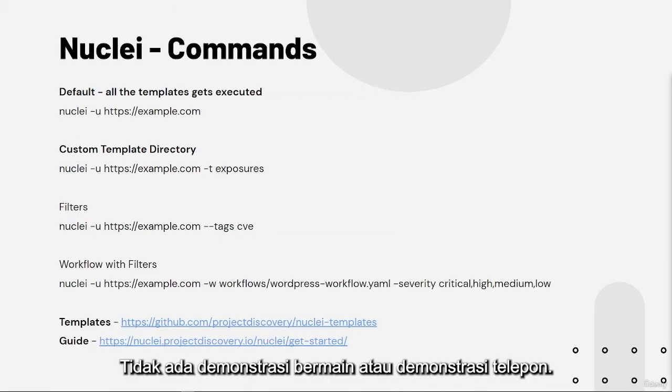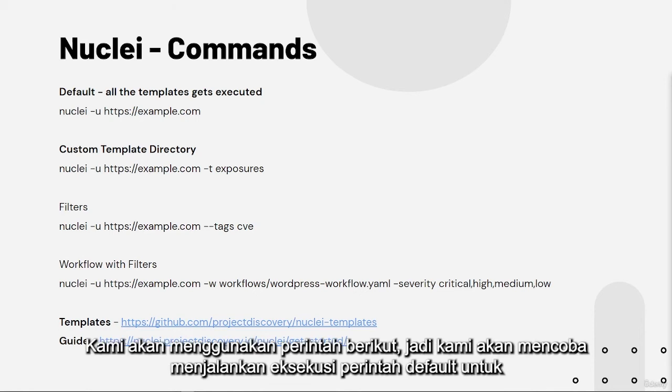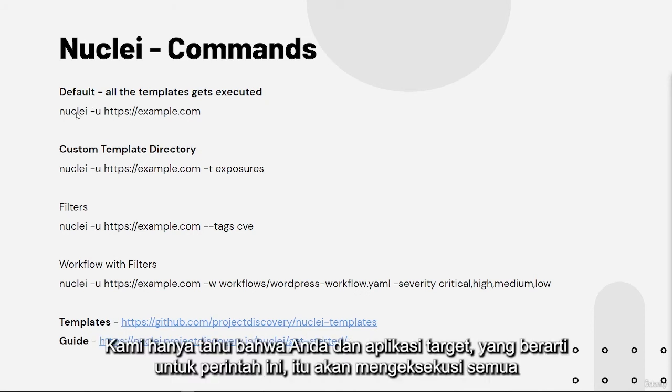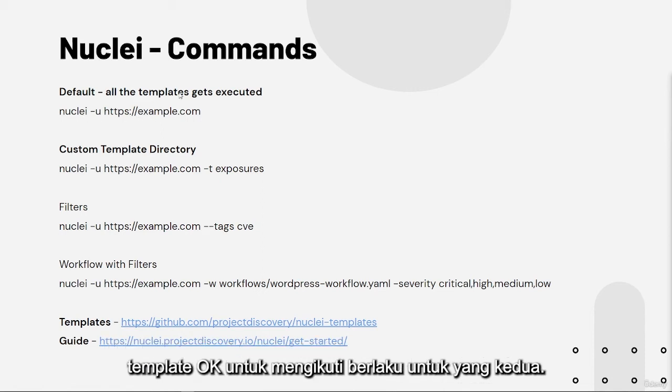Nuclei demonstration. For the Nuclei demonstration, we will be using the following commands. We will try to execute the default command for the Nuclei tool, which is nuclei -u and the target application, which means this command will execute all the templates for Nuclei.